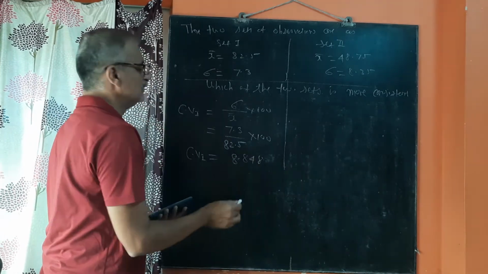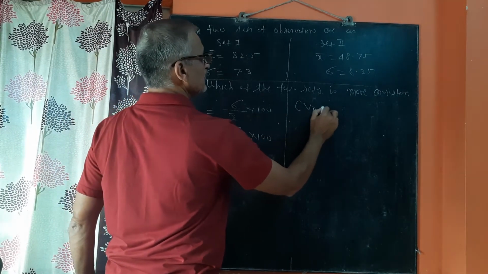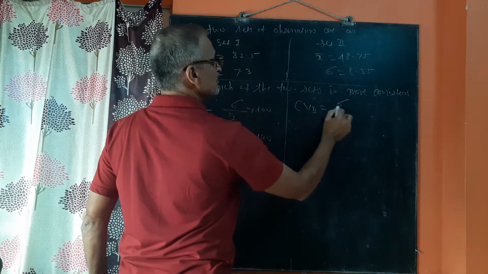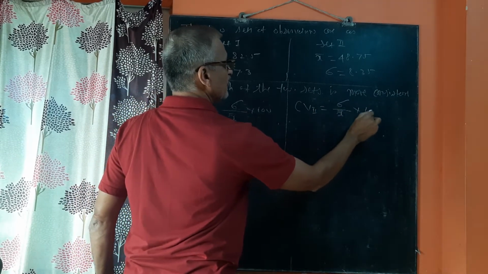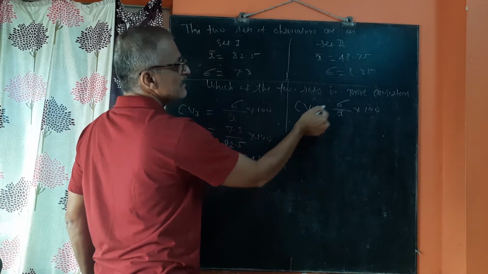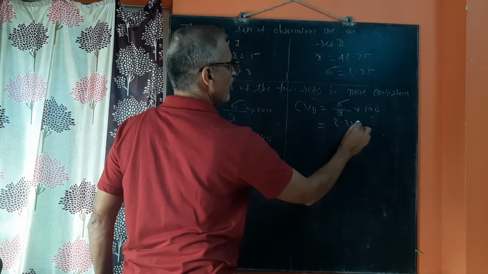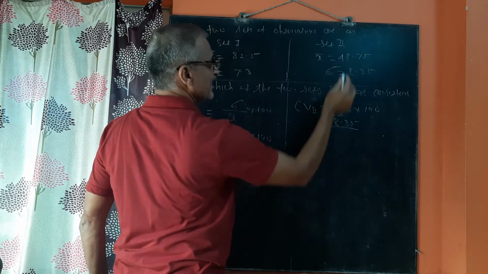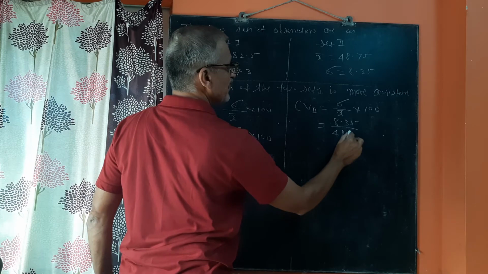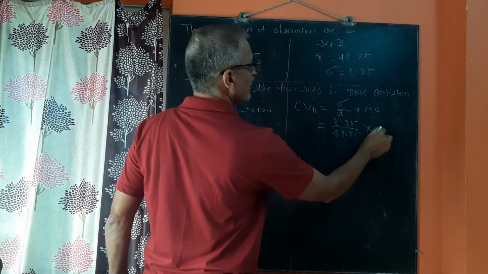Then CV of second set is equal to sigma upon x bar into 100. For the second set, sigma is given, that is 8.35, divided by x bar 48.75 into 100.